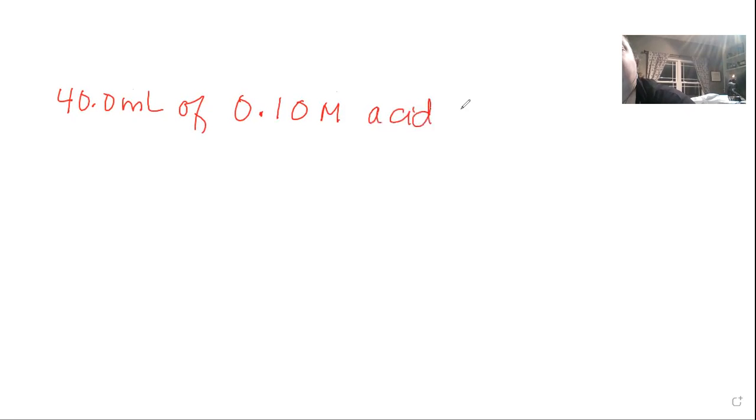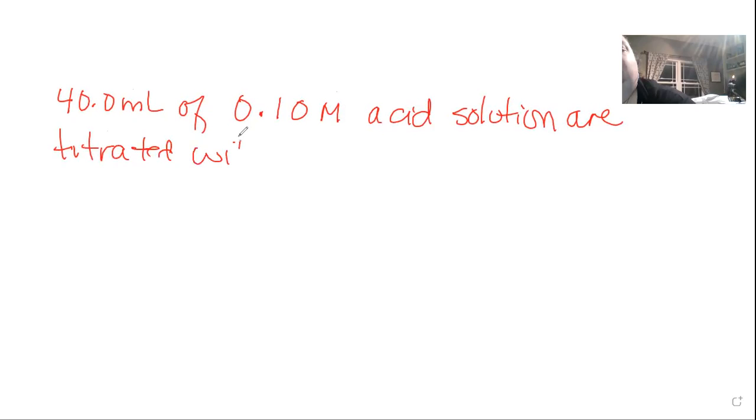So let's say we have a question that says 40 milliliters of a 0.1 molar acid solution are titrated with 0.55 molar base.